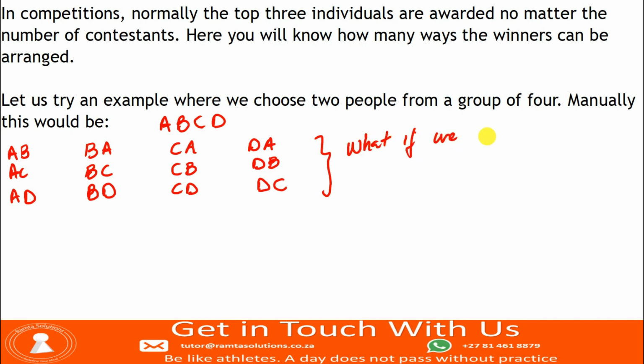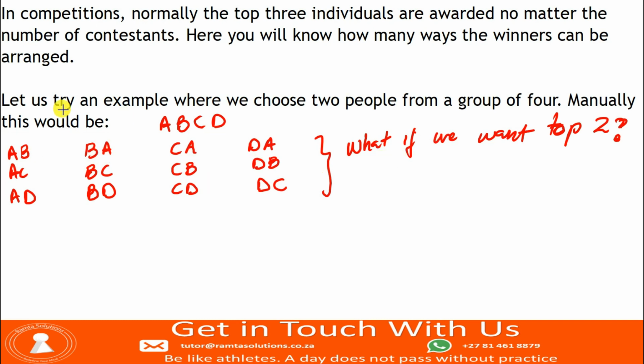Or what if we want top 2? If we want top 2, this would be correct, right? A could be number 1, B could be number 2. In this case, B could be number 1, A number 2, right? So what if we want top 2?